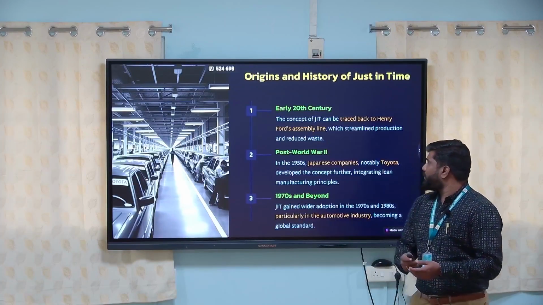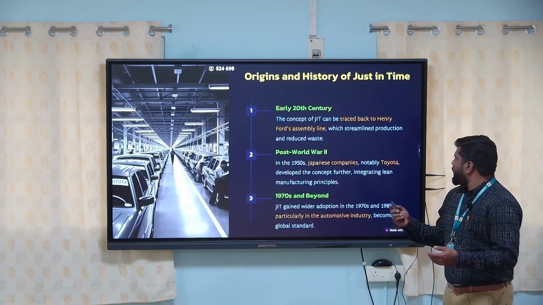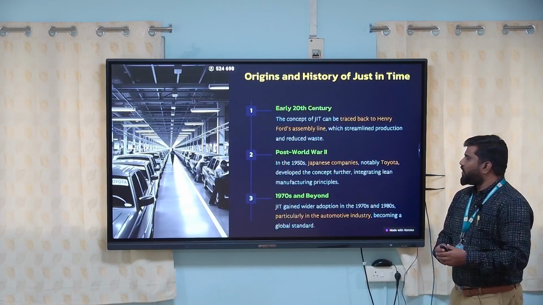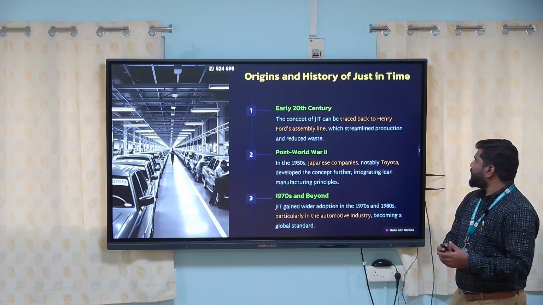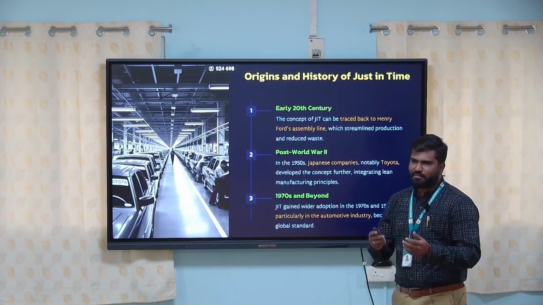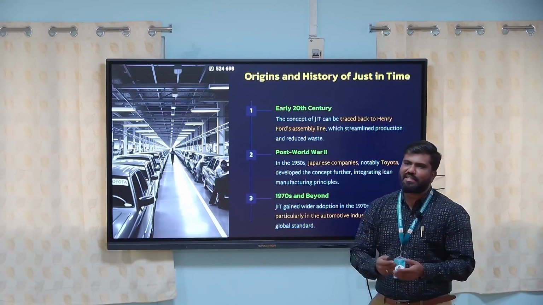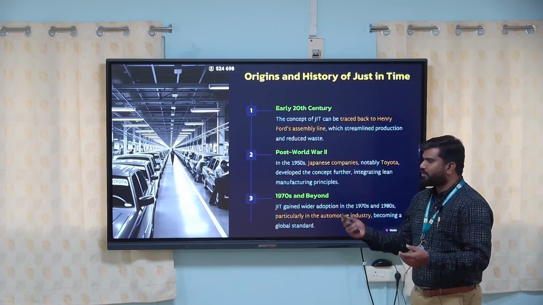To start with, how it started, the origin. It's from the early 20th century. Companies like Ford, Toyota, all these started doing it. Right from the early 20th century, Henry Ford's assembly line is the first place where just in time got introduced. The next phase is post-World War II.